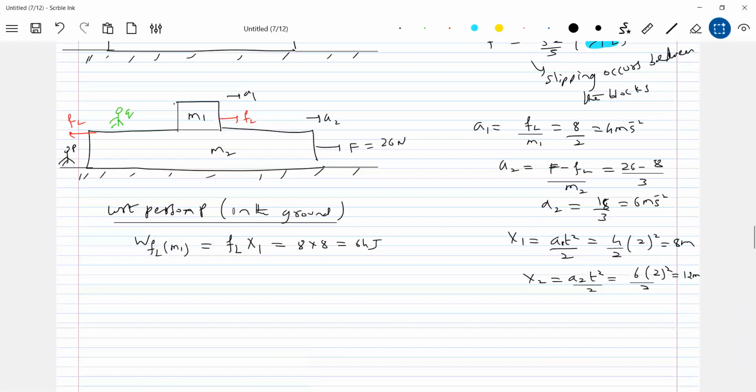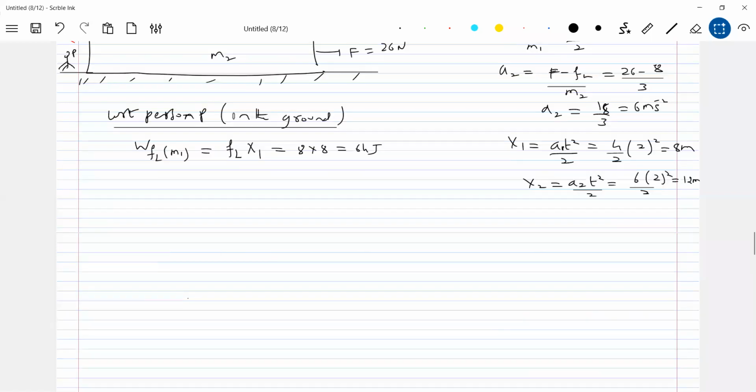With respect to Q, what will happen? What we did with respect to person P on the ground was work done by the friction on the block M1. With respect to Q, we'll calculate. I'll take it here with respect to Q, on the plank M2.